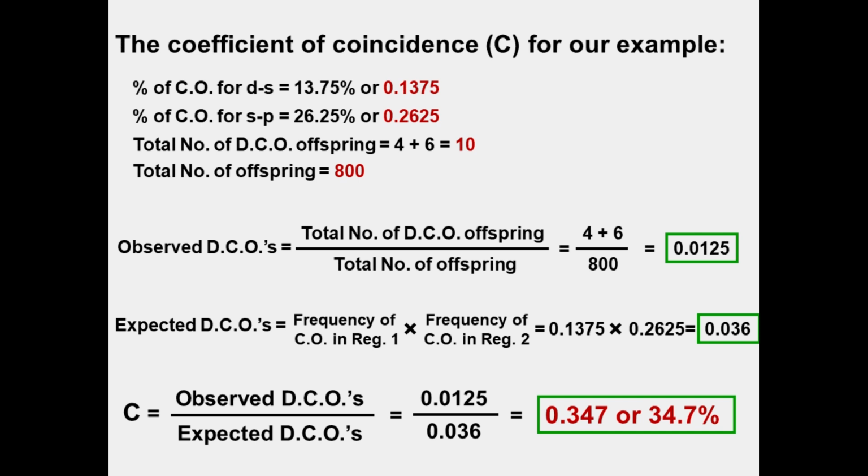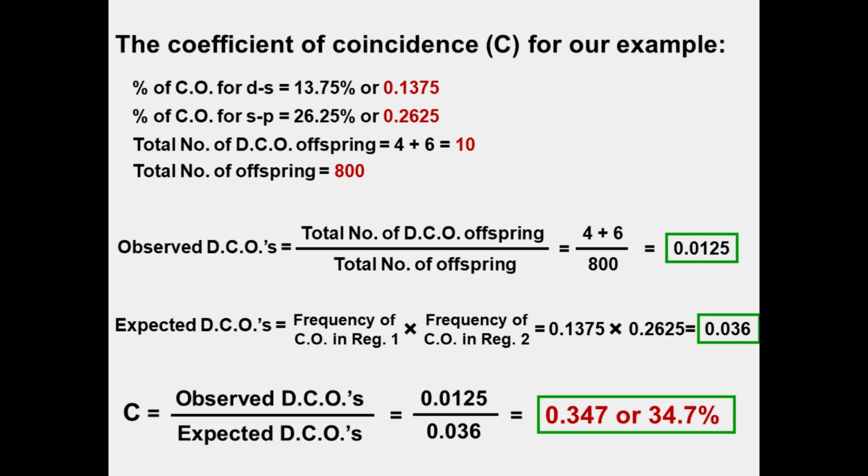In our example, as you see the calculations, the observed frequency is 0.0125, while the expected frequency is 0.036. Thus, the coefficient of coincidence is 0.347, meaning only 34.7% of the expected double crossovers occurred.